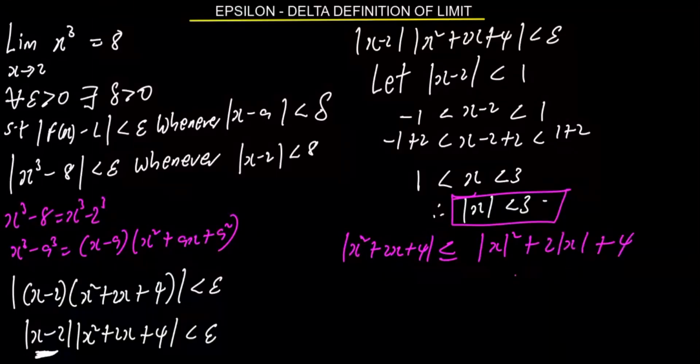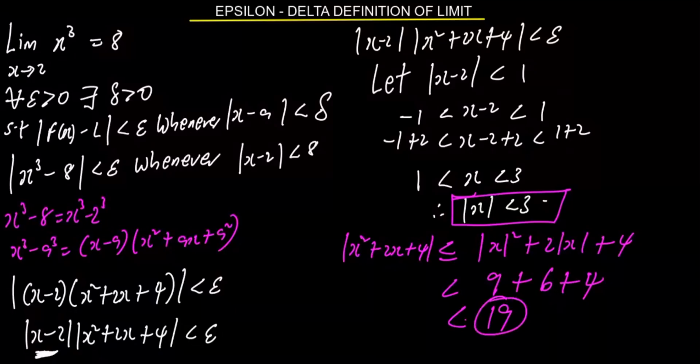So what I'm having here is less than this. And remember, absolute value of x is less than what? 3. So if I put this 3 here, I'll have 3 squared is 9, plus 2 times 3 is 6, plus 4, and that will give me 19. It means that what I'm having here is less than 19.